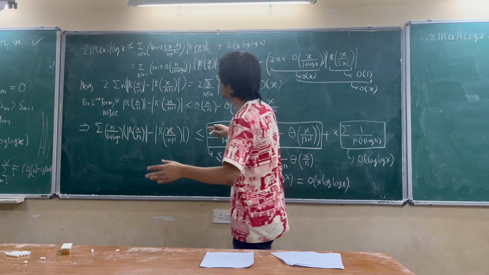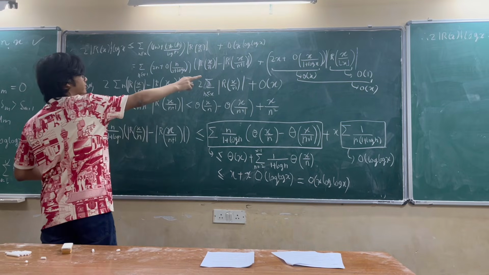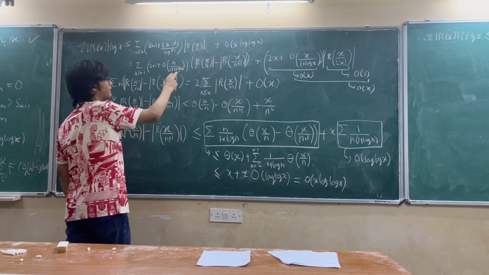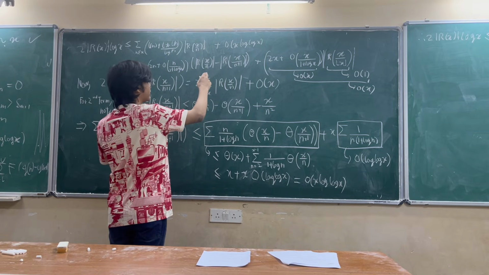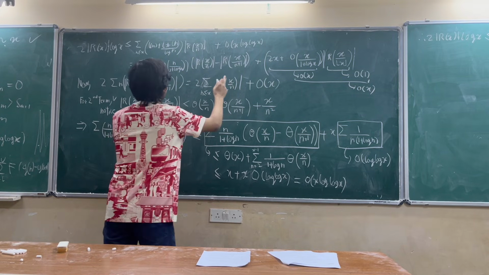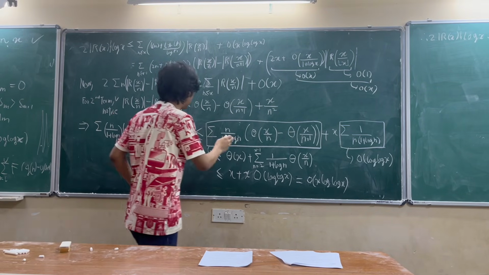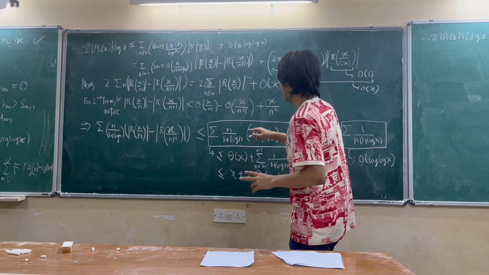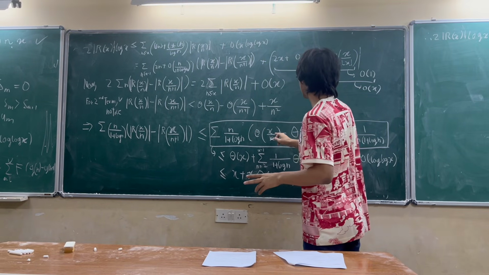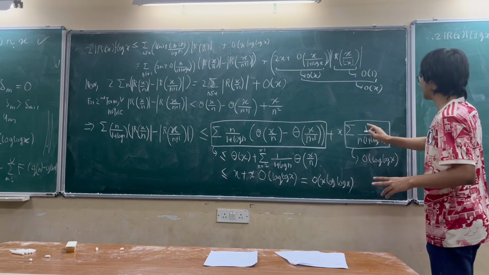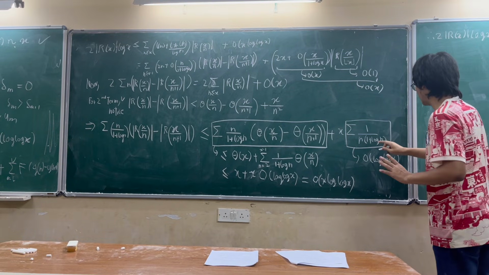Now using this, you plug this in for the second term. For the second term, that would be O of n by 1 plus log n times mod of r of x by n minus mod of r of x by n plus 1. You multiply these two to see that their summation would be in fact less than n by 1 plus log n times theta of x by n minus theta of x by n plus 1 plus x times the summation of 1 by n log n plus 1.